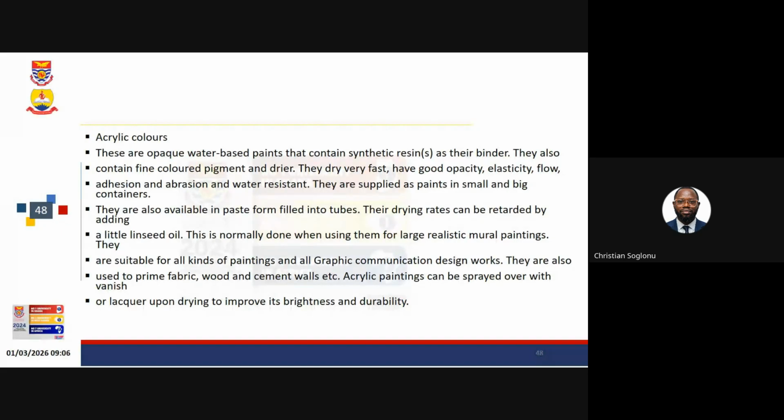Then you now use a smooth sandpaper to sandpaper the wall surface. That is the preparatory ground that you are giving to your support. Okay. Or lacquer upon drying to improve its brightness and durability.